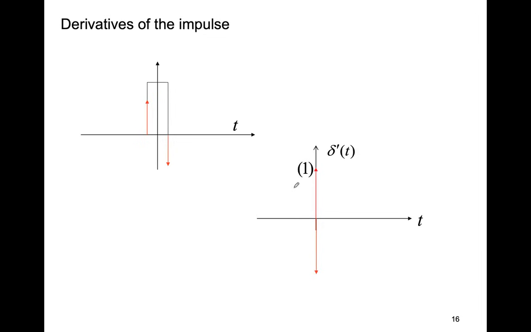So let's move a little bit further. I will have this box here, this rectangular signal. What is happening here? There is an immediate jump at this time instant, minus t, and there is an immediate drop at time instant t.